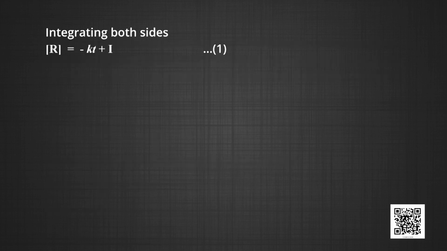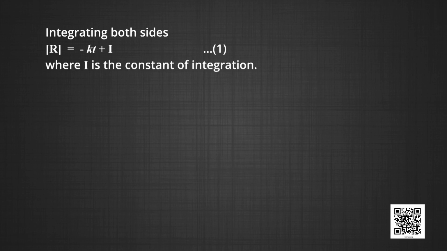Now integrating both the sides, [R] equals minus kt plus I. This is equation number 1, where I is the constant of integration.